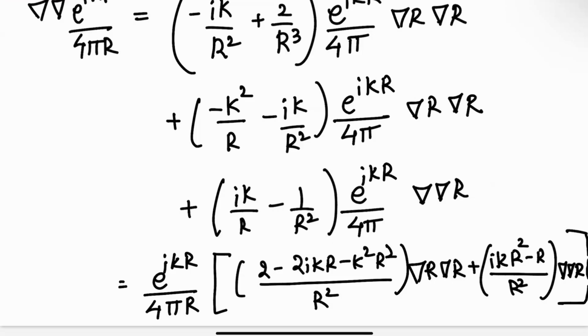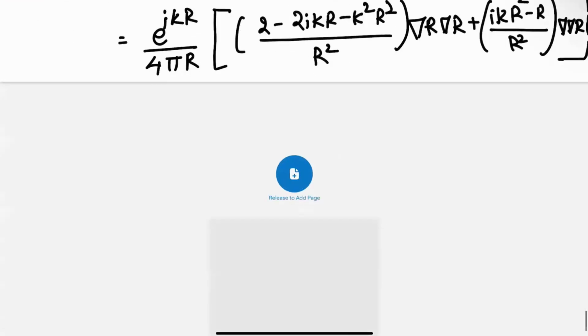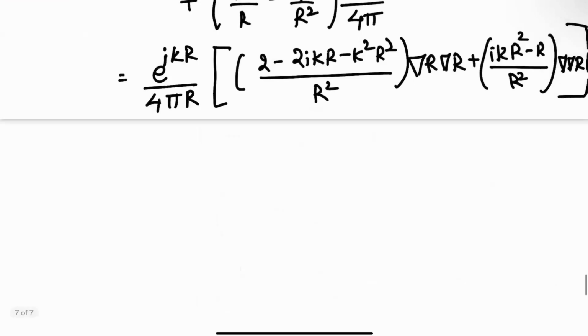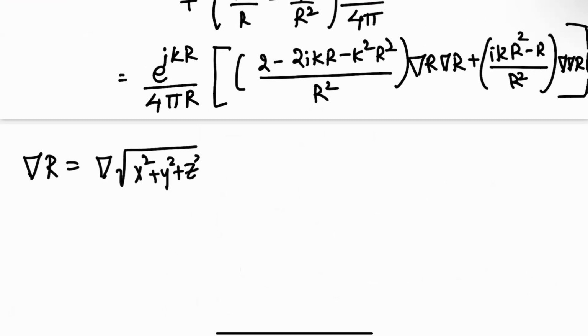Okay. All right. So we still have some gradients to evaluate, but these are easy. We just need to find the gradient of r and the gradient of r hat, right? So del r, you can do it in a Cartesian coordinate system: the square root of x squared plus y squared plus z squared. Right? This is equal to what? It's a square root function, so when you take the gradient, you get 1 over 2 times the square root function, times the gradient of the internal quantity, which is 2x x hat plus 2y y hat plus 2z z hat.